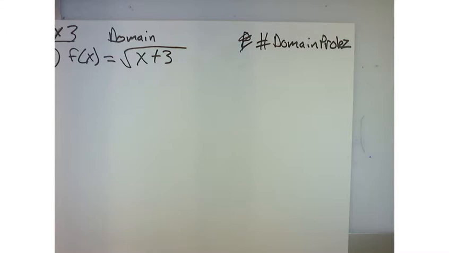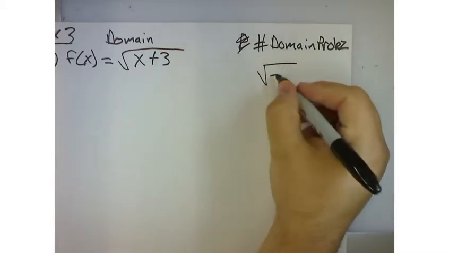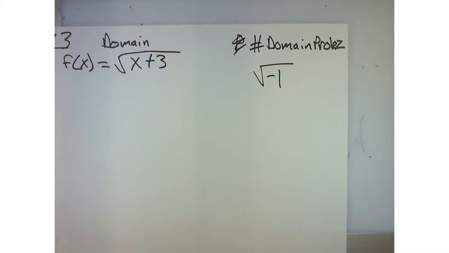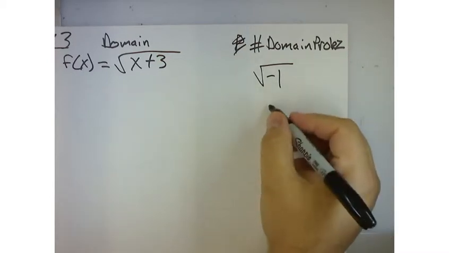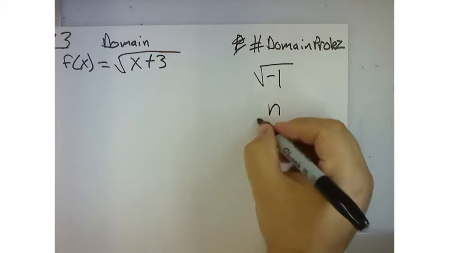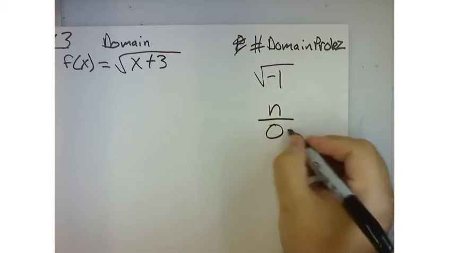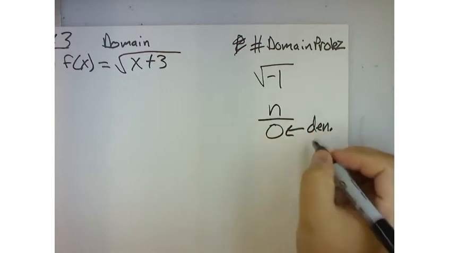So what are the problems with domain? There's two. You can't take the square root of a negative number. And any number over 0, so the denominator can't equal 0.